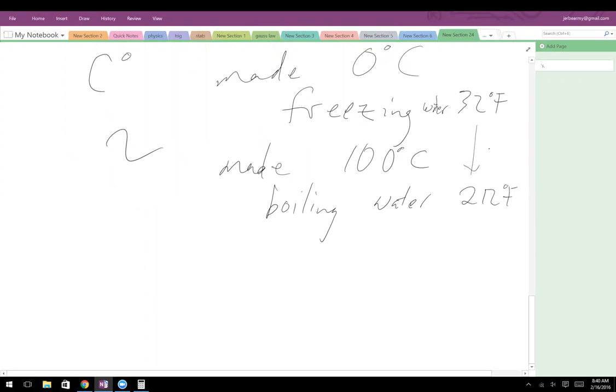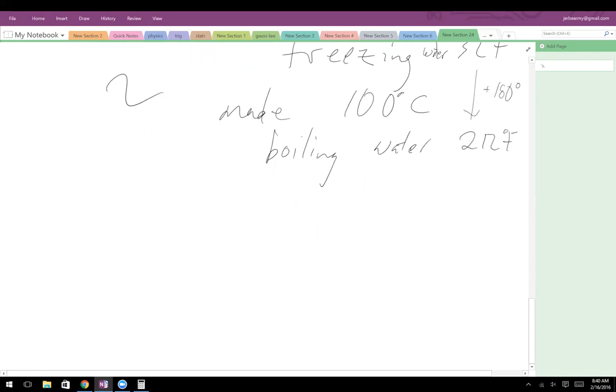let me go with what Austin said for a second. That is plus 180 degrees on the Fahrenheit side, where it's plus 100 degrees on the Celsius side. So what you're going to do is take the Celsius value and times it by 180 over 100, because that's the difference in the scale, and then add 32.